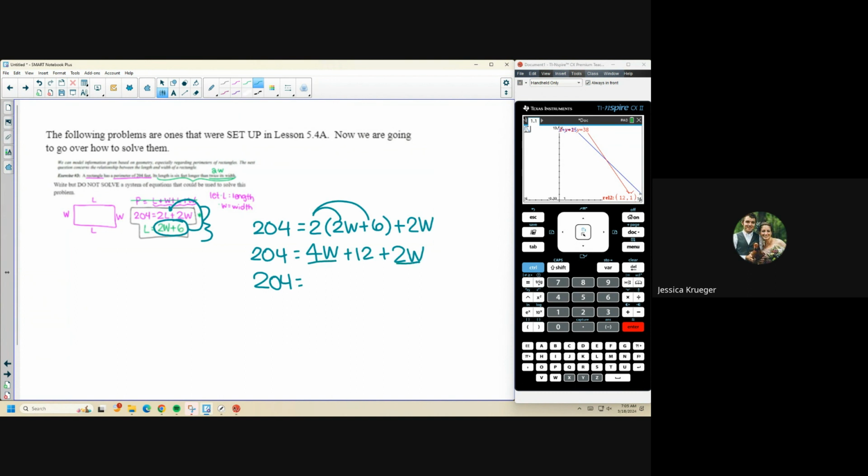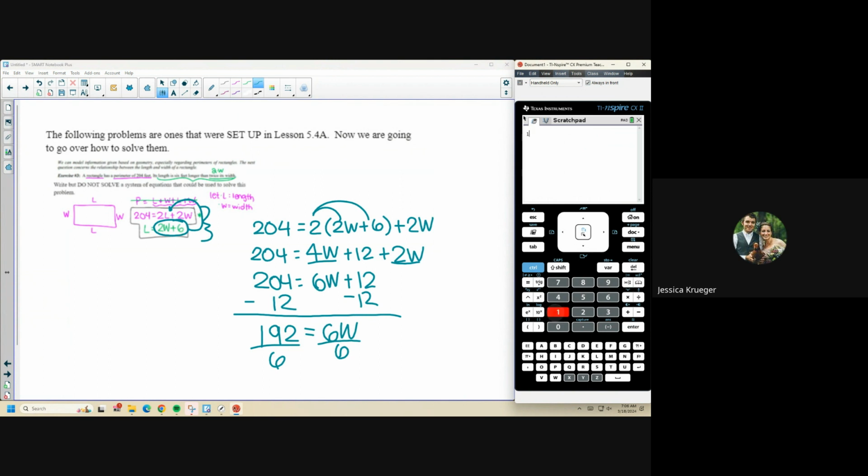Combine my like terms. 4 plus 2 is 6. Get rid of the 12. 192. And then divide both sides by 6. And I get the width is 32.